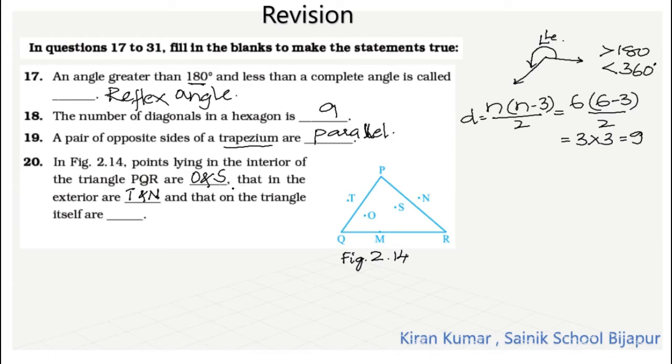Along with that, there is another point M, which is on the side QR. So totally there are 4 points on the triangle. They are point P, point Q, point R, and also point M. So 4 points are on the triangle, 2 points are inside and 2 points are to the exterior of the triangle.